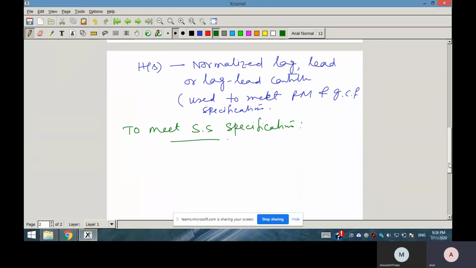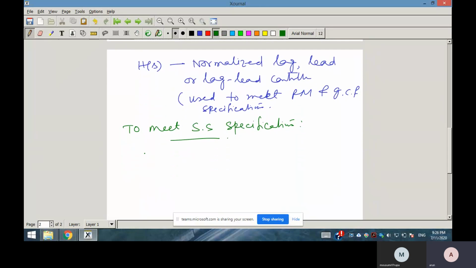As you know, what is your steady state error? Steady state error ESS with respect to step input: ess equal to limit 1 by 1 plus kp.